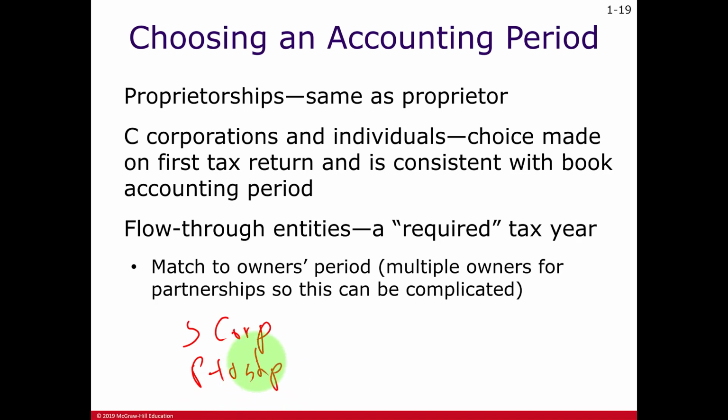If the shareholders of S corporations and partners of partnerships are individuals, then usually these two business entities have to use a calendar year like the owners. A sole proprietor, again, an unincorporated business, individuals like you and me, would also use a calendar year. Usually it's corporations and partnerships that don't have individual partners that would have a fiscal year.